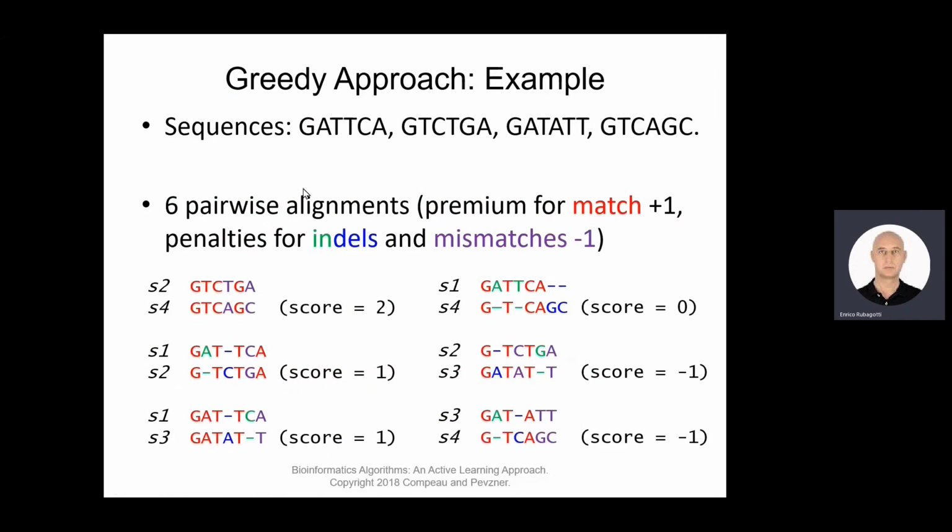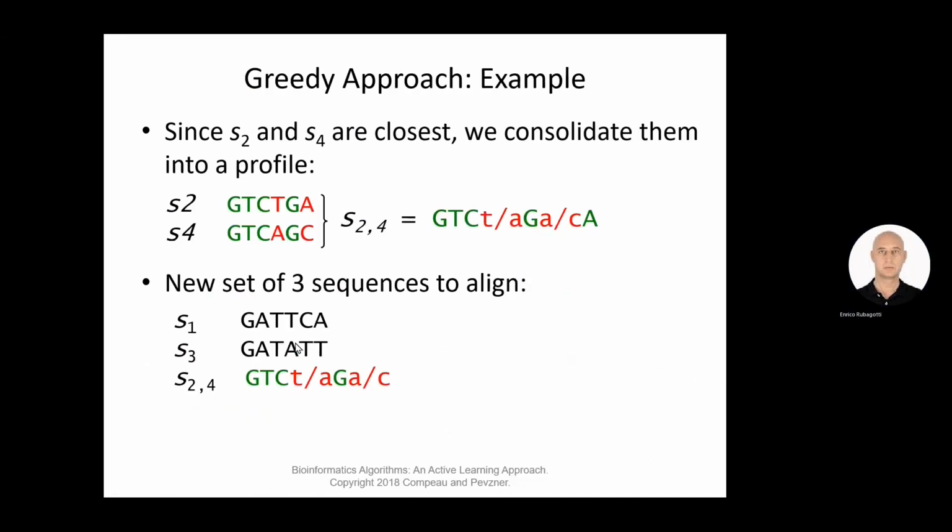The highest score is 2, so S2 and S4 are closer than any other ones. And so I can create a profile called S24 that is composed of the identical nucleotides and the non-identical ones reported as an option.